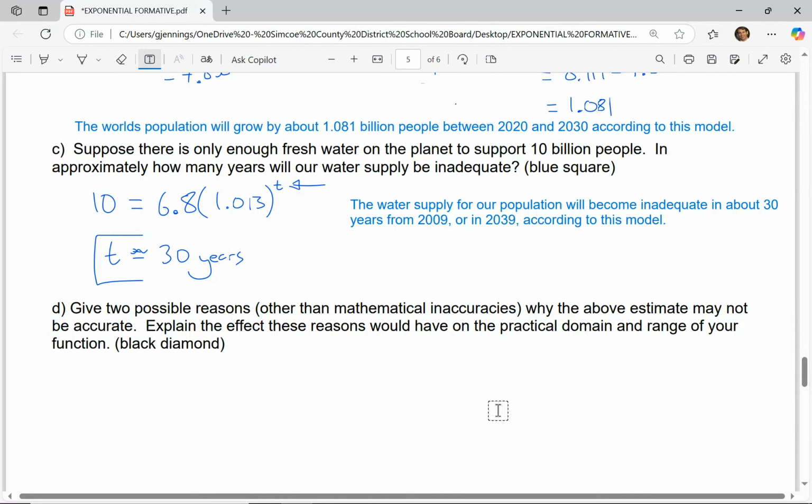This is the last question, I promise. All right, so give two possible reasons other than mathematical inaccuracies why the above estimate may not be accurate.